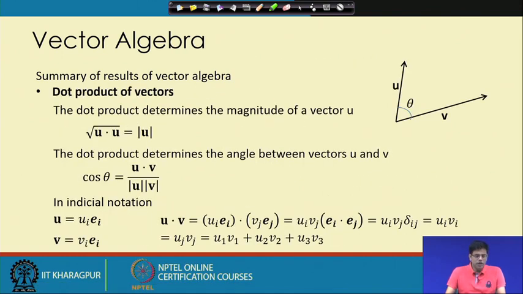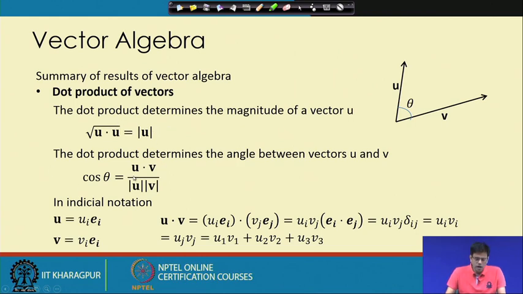Now, similarly, we have introduced the dot product. The geometric interpretation of the dot product, as all of us know, is that if the angle between two vectors is theta, then the dot product is nothing but the magnitude of u, the magnitude of v, and then cos theta. Essentially the dot product determines the magnitude of the vector.